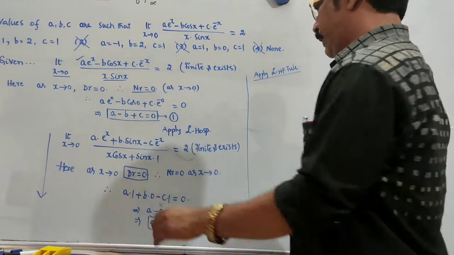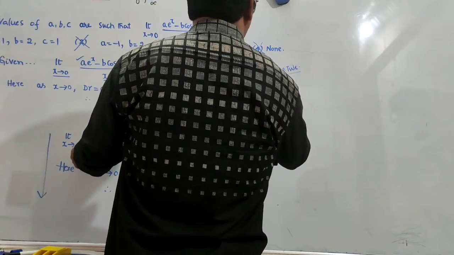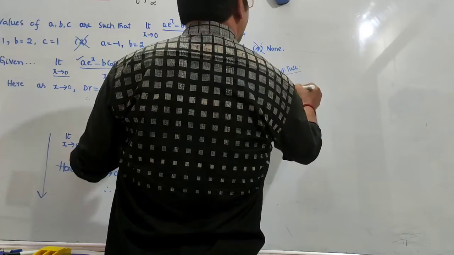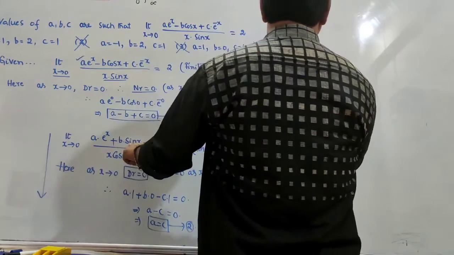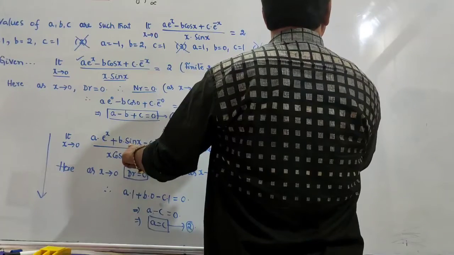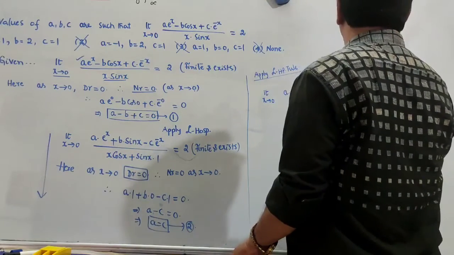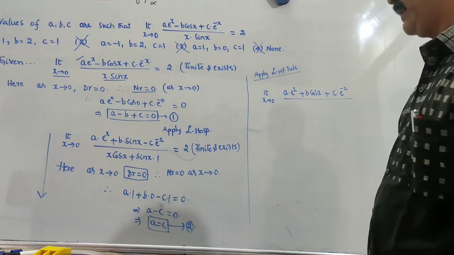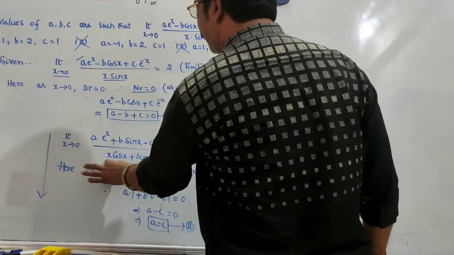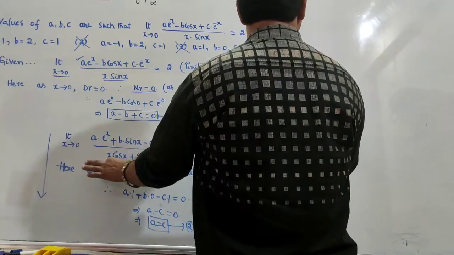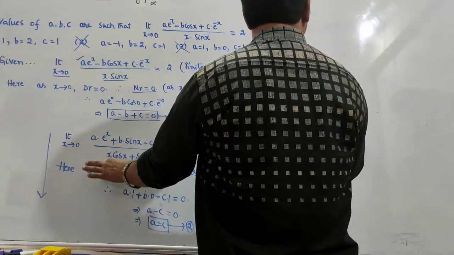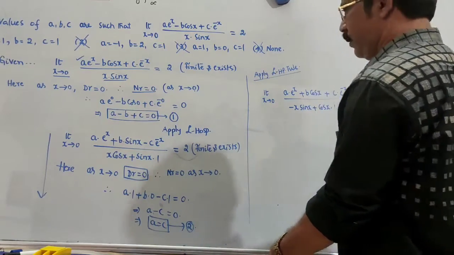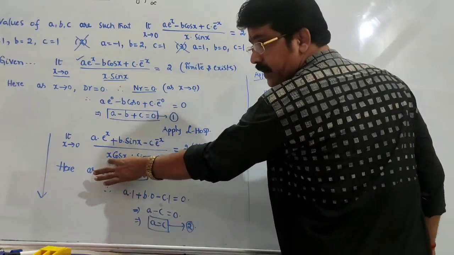Right, so a into limit x tends to 0 of a into e power x, differentiation of e power x, plus b cos x, minus into minus, plus c into e power minus x. Next, for the denominator, differentiation of x cos x: x into derivative of cos x, minus sin x, plus cos x, keep the same, derivative of x is 1. Okay, differentiation of this function is over.